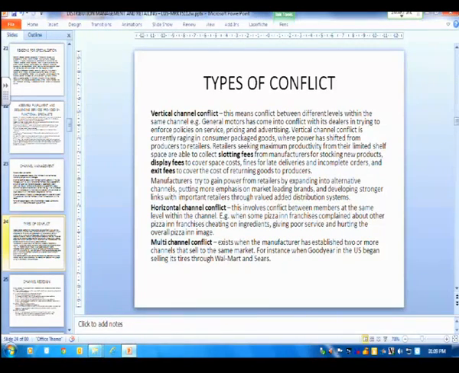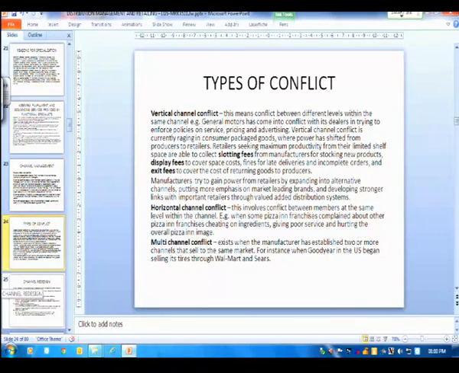Multi-channel conflict. Multi-channel conflict exists when the manufacturer has established two or more channels that sell to the same market. For example, when Goodyear in the US began selling its tires through Walmart and Sears.